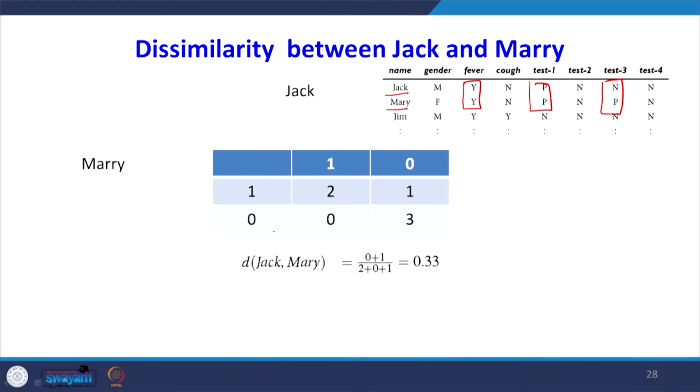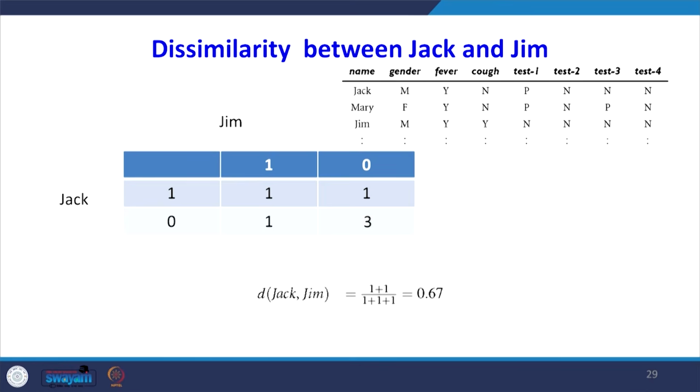The last option is Mary 0 and Jack 0, which counts 1, 2, 3, so 3. The dissimilarity between Jack and Mary is 0 plus 1 divided by 2 plus 0 plus 1, so we got 0.33.